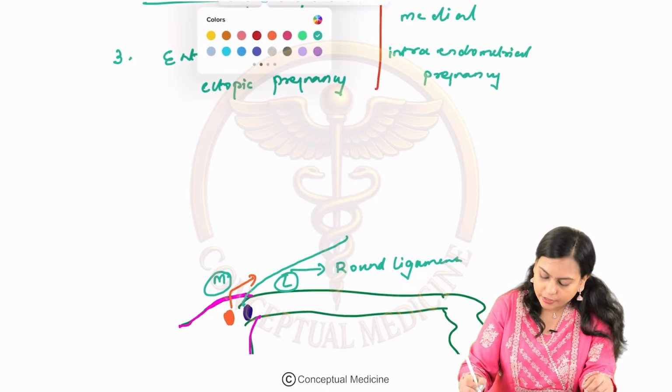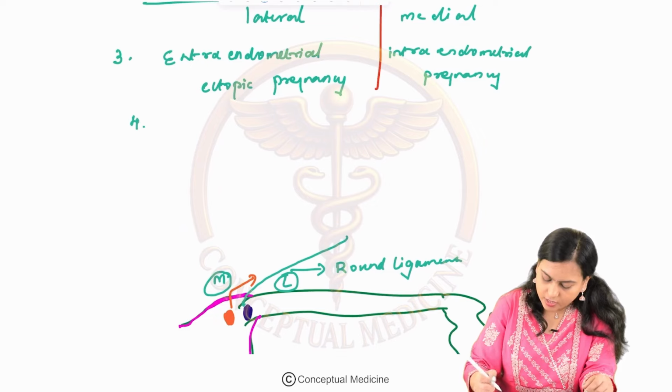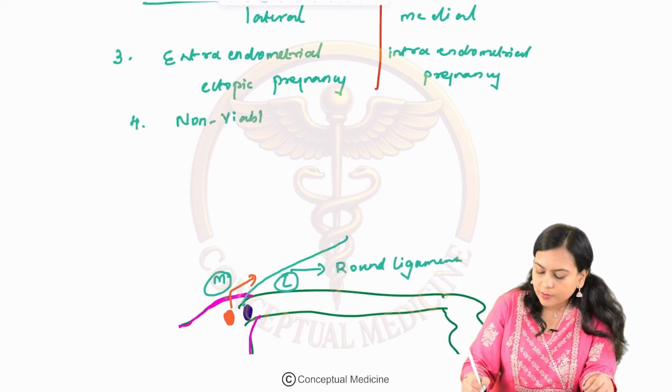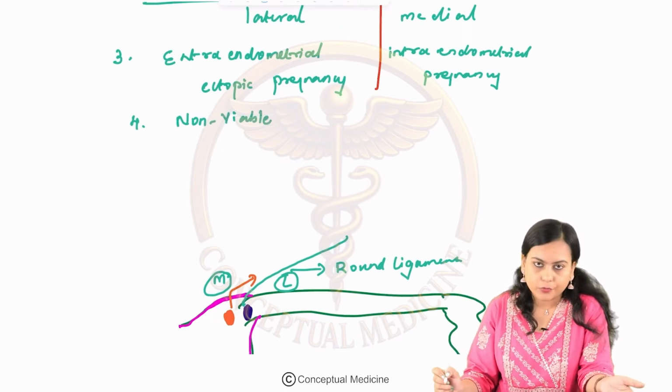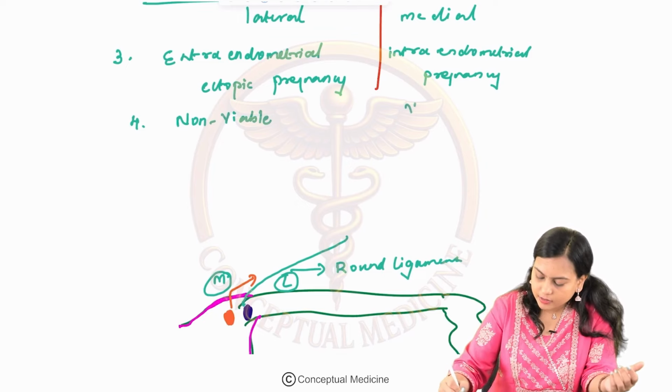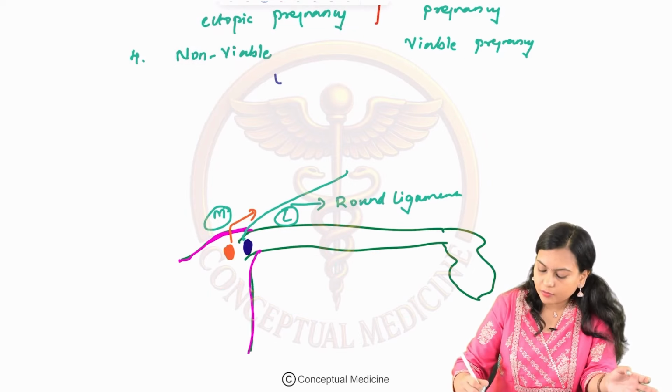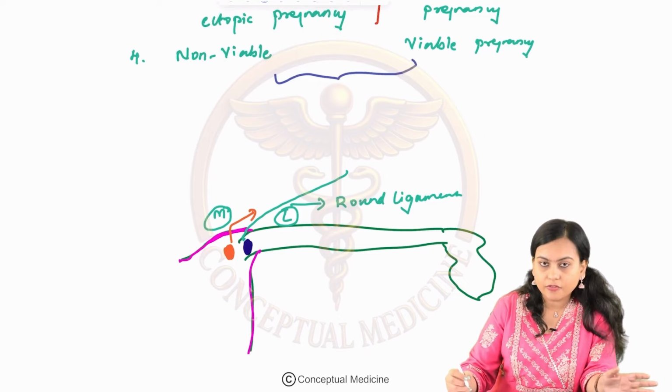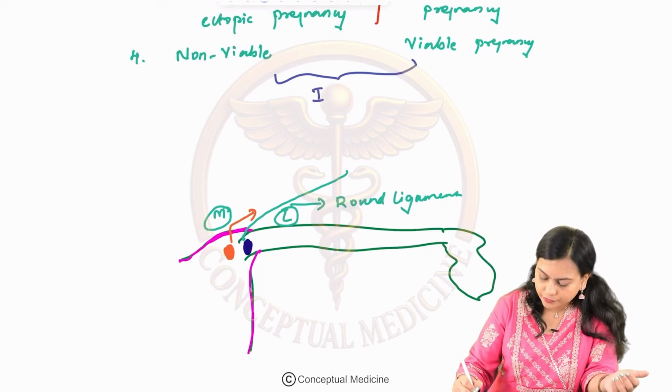And another point is, most of the time, interstitial pregnancy can be non-viable, but in an angular pregnancy, a viable pregnancy is possible. Clear? And remember, both of them have a chance of increased rupture.